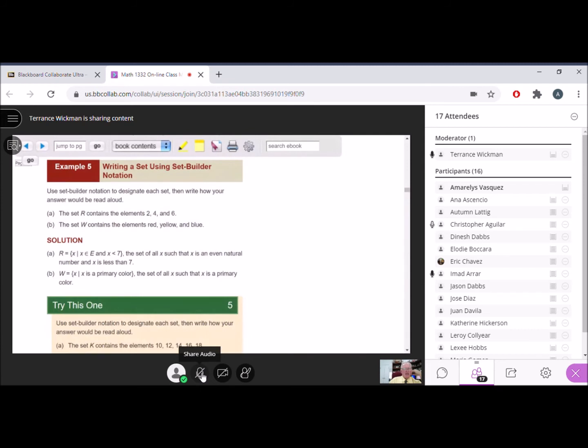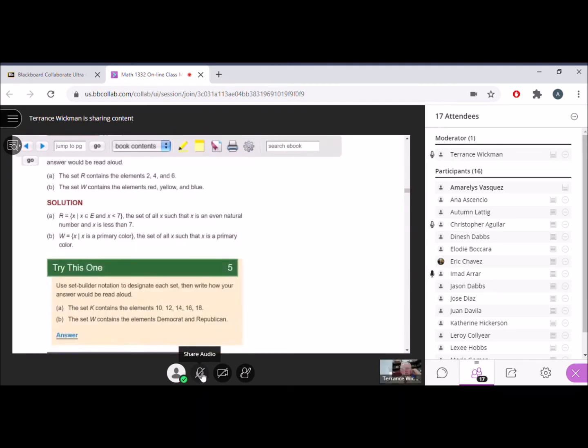So that's how they show it here. Now on the test, I will prepare you for what your answer should be. If they have set builder notation, I ask for set builder notation for your response, this would be one possible answer. They might show other ones, but they have to read out and match what you have here.